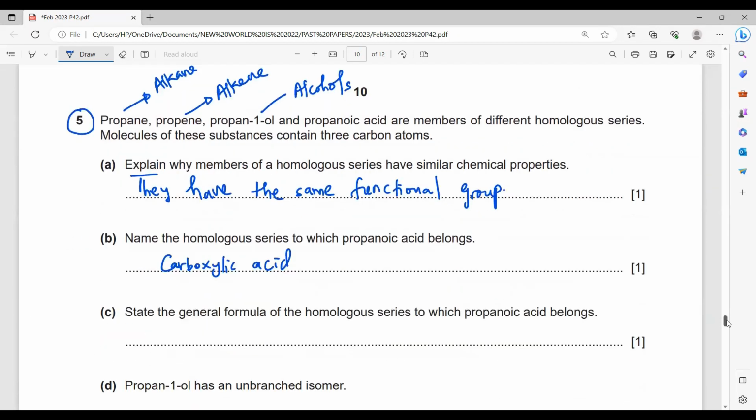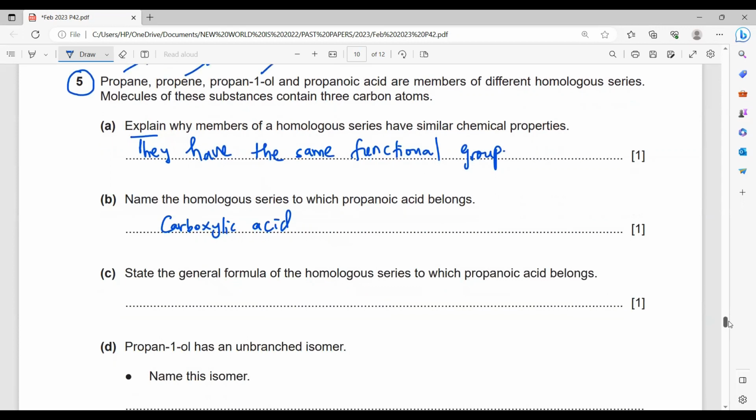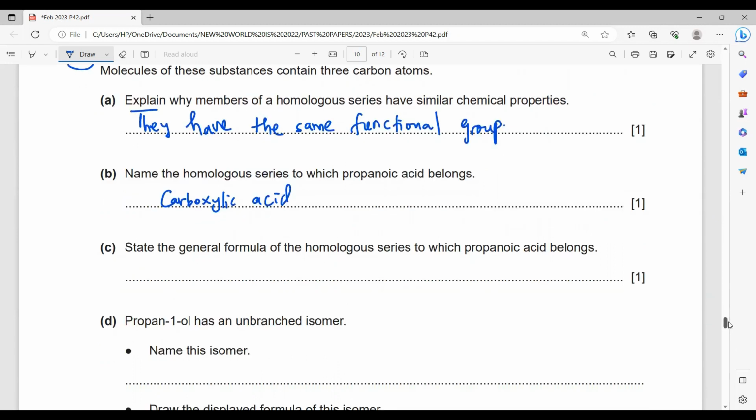Next question says, state the general formula of the homologous series to which propanoic acid belongs. You're going to have the alkyl group, CnH2n+1, then the carboxylic functional group. You should note that your n begins from 0.